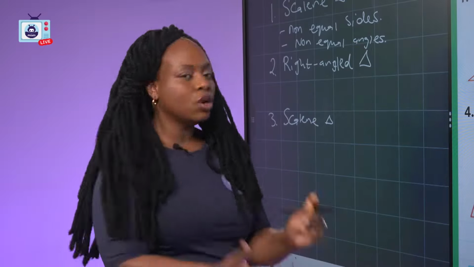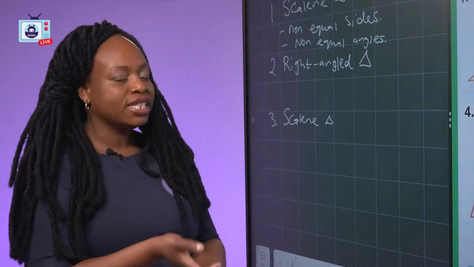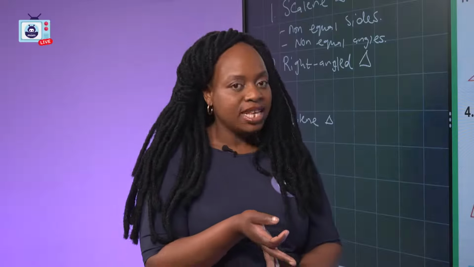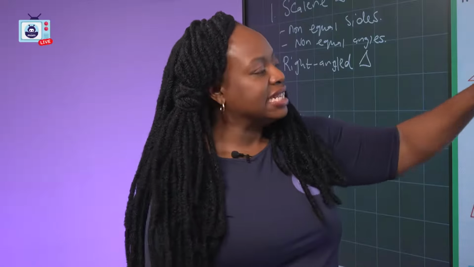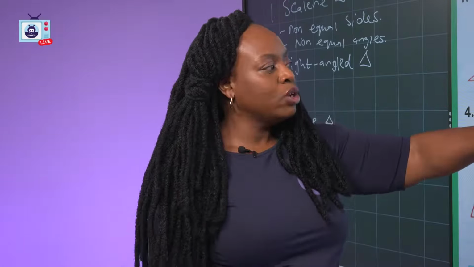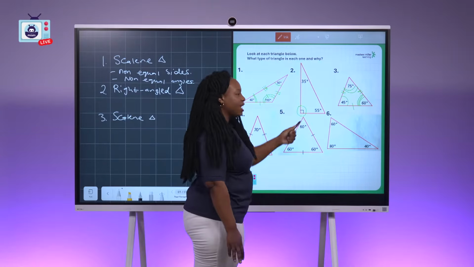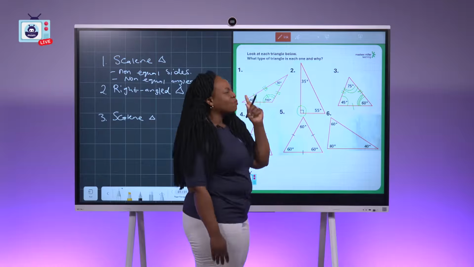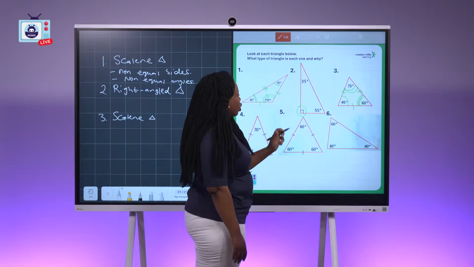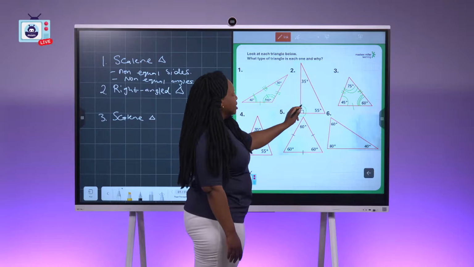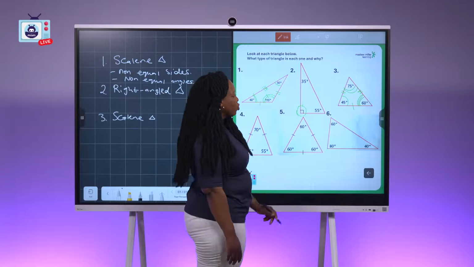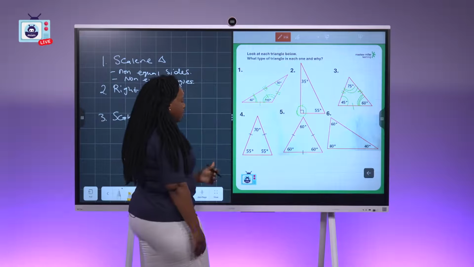You can say the sides are not equal, or the angles are not the same. That's what makes it a scalene, right? But the second one, yes, you can call it a scalene triangle because all the angles are not equal. But this one is a special triangle because it has a 90 degree angle on it. That's why it has a different name, right?